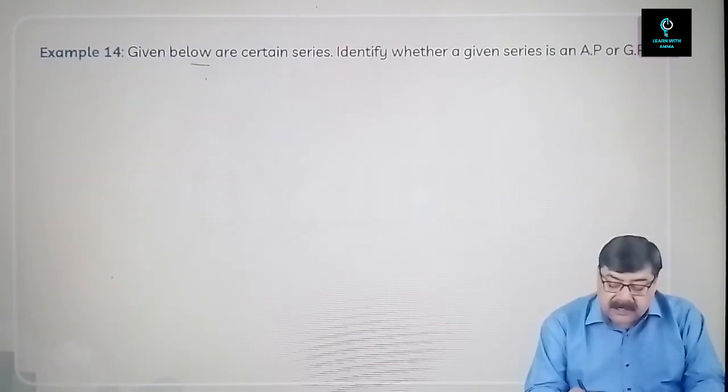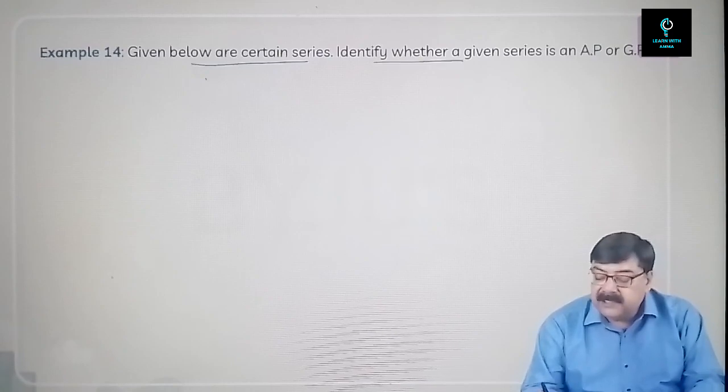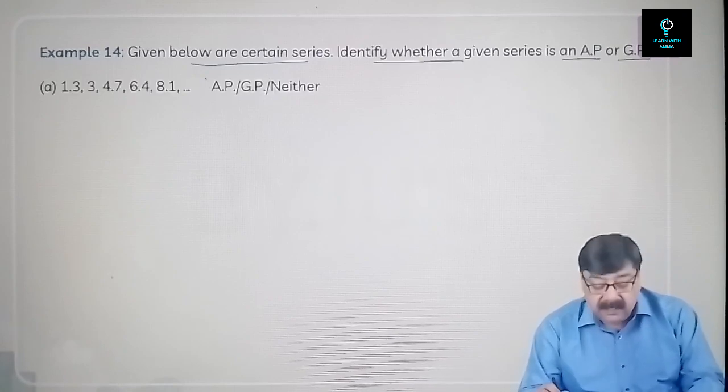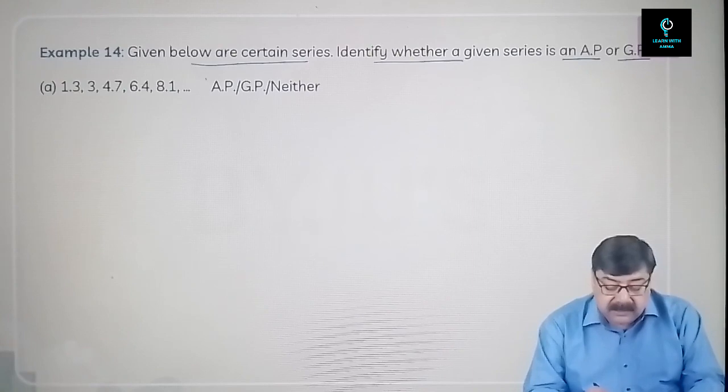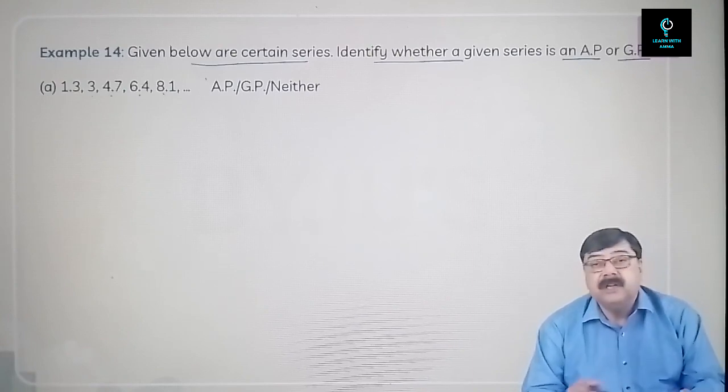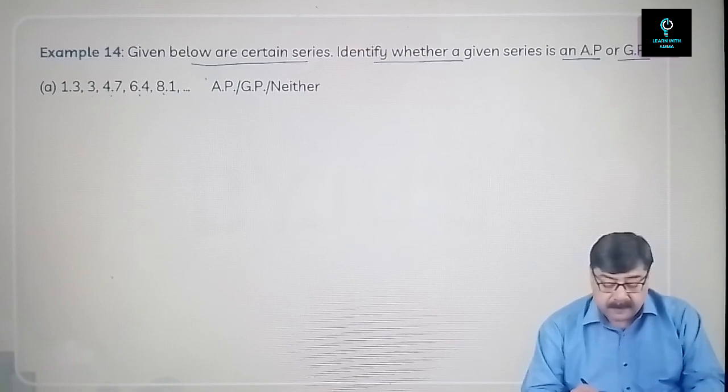Now given below are certain series, identify whether a given series is an AP or a GP. Now 1.3, 3, 4.7, 6.4, 8.1. Now what is it? An arithmetic progression or a geometric progression, or neither of these?